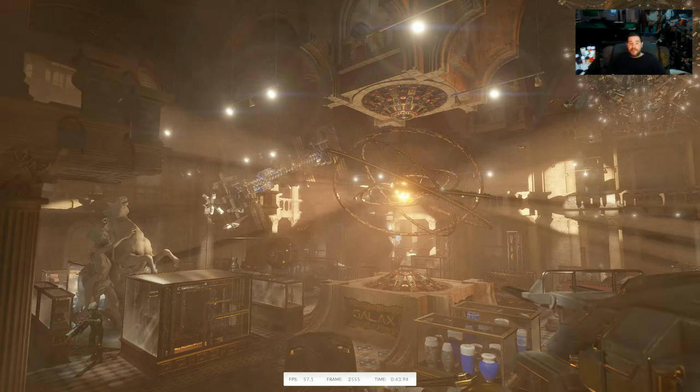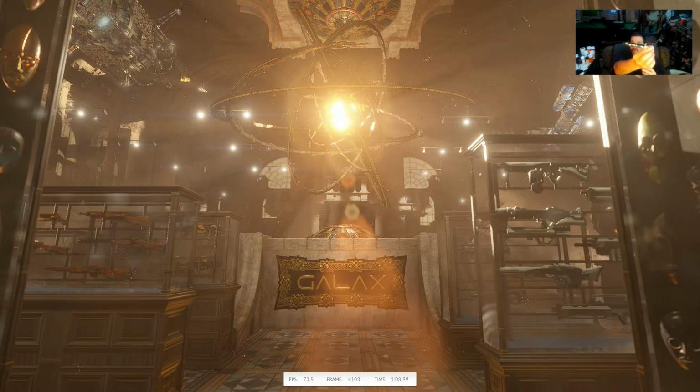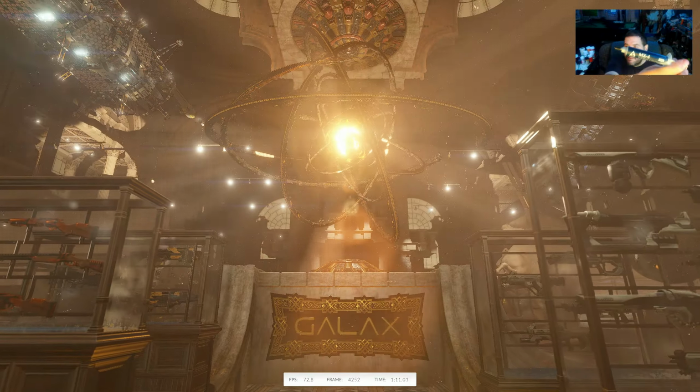Oh, where is it? It's on my desk here somewhere. There it is. So what I use is Arctic MX4. So let's get that in there. Arctic MX4. You can pick this up relatively cheap off Amazon. Well worth it.